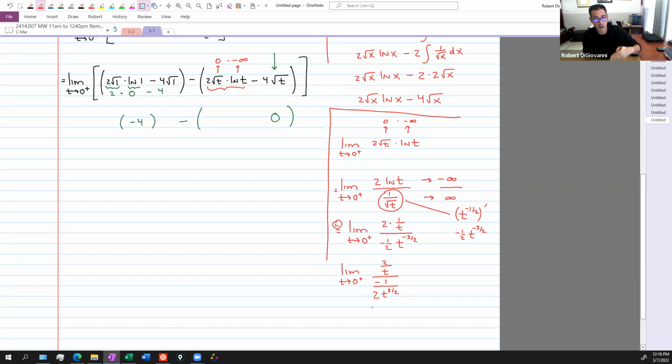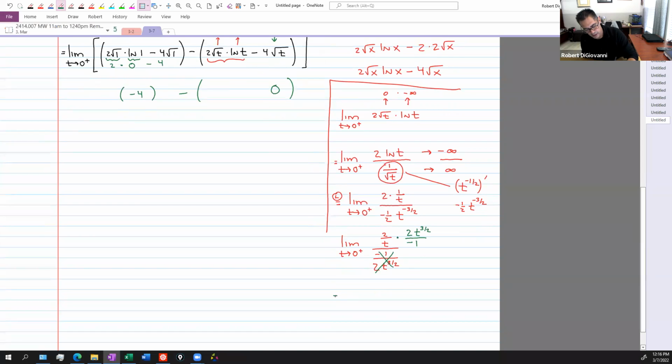And when you have fraction over fraction, you can multiply by the reciprocal. So instead of dividing by that fraction, I'm going to multiply by the reciprocal. So I put 2t to the 3/2 on top, and I put negative 1 on the bottom, and I get rid of this down here. You having fun yet? Limit t goes to 0 from the right.